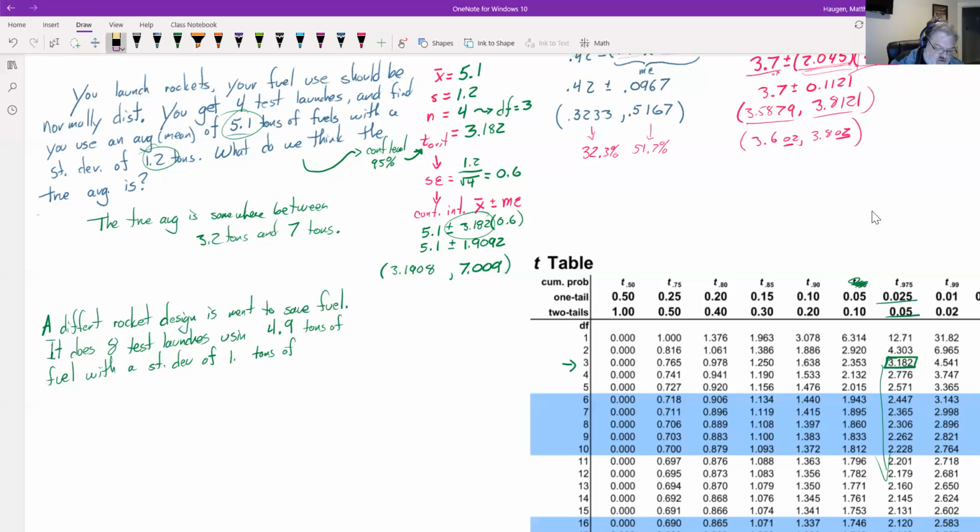Let's make it 1.1 tons. Is the new rocket better?